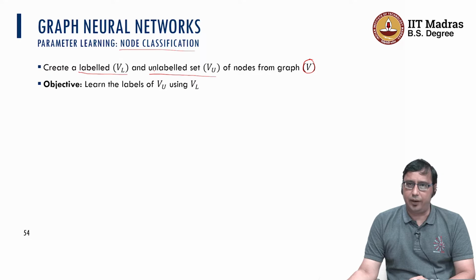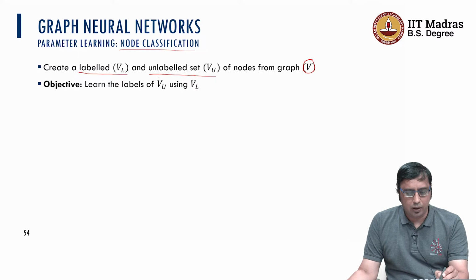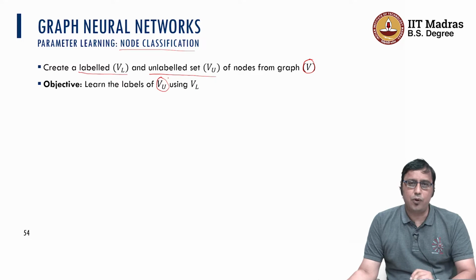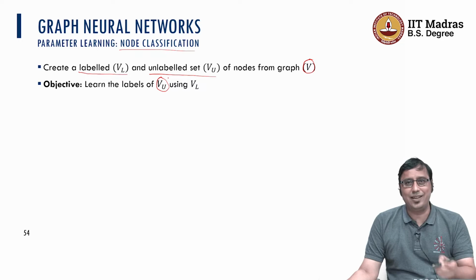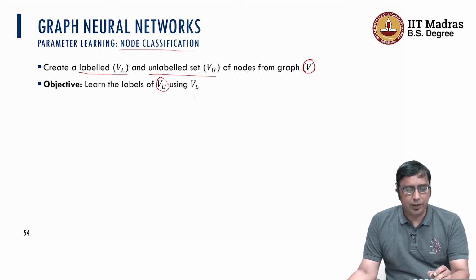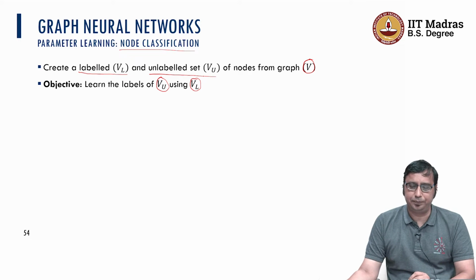And the objective here is to learn the labels of nodes in the set VU using the labeled nodes in set VL. So this is my final objective.